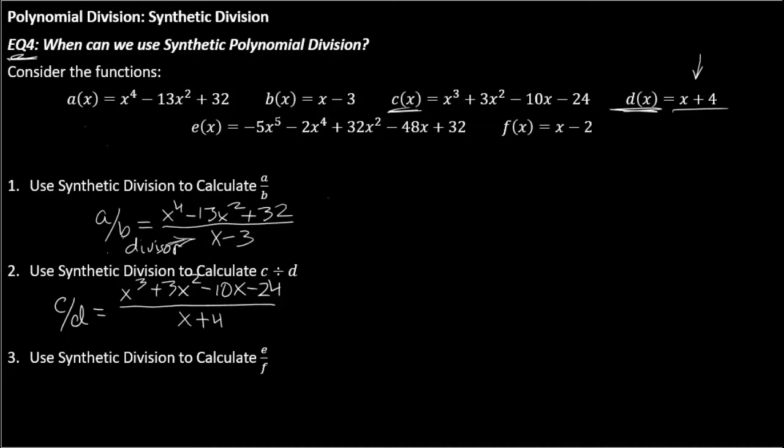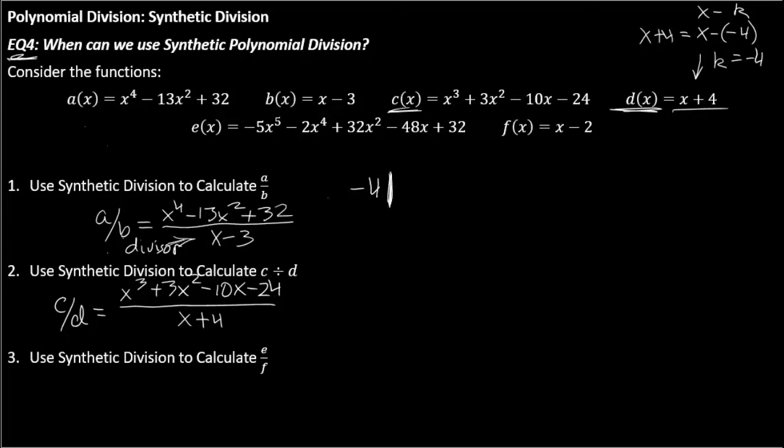It actually is. We can rewrite x plus 4 as x minus negative 4. So now we have k equals negative 4, x minus k. So negative 4 is our k term.